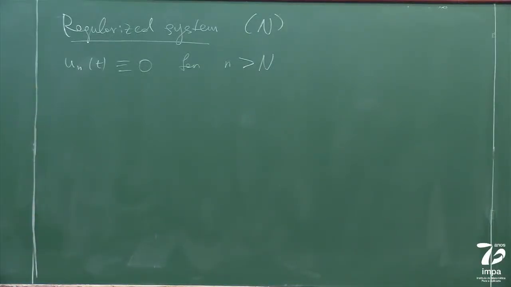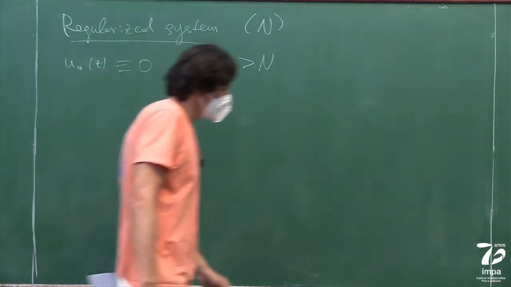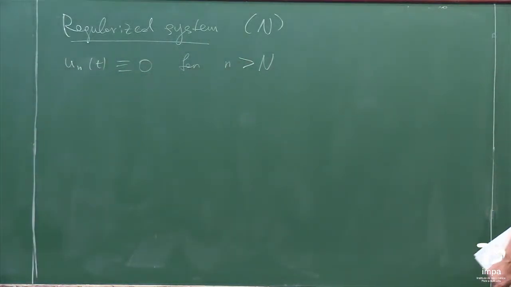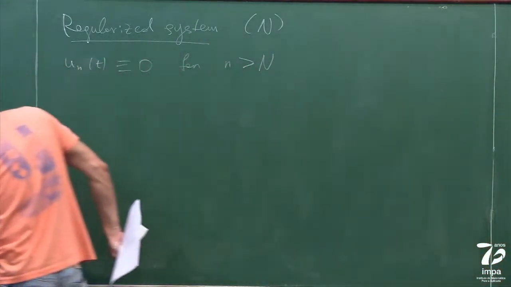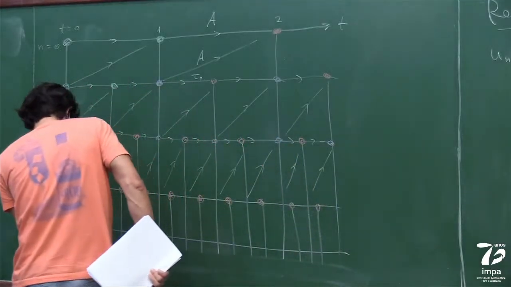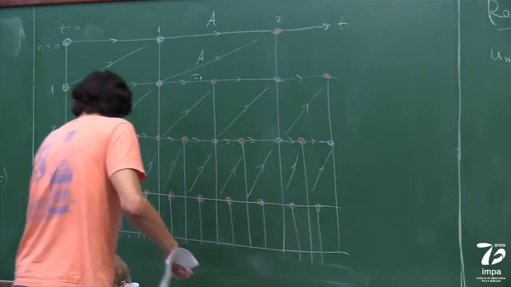So in other words, what we do, we put 0 here. So everything below is 0.